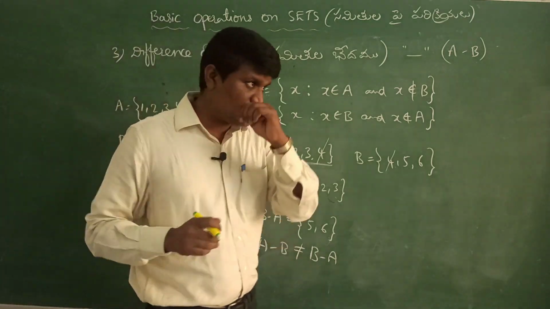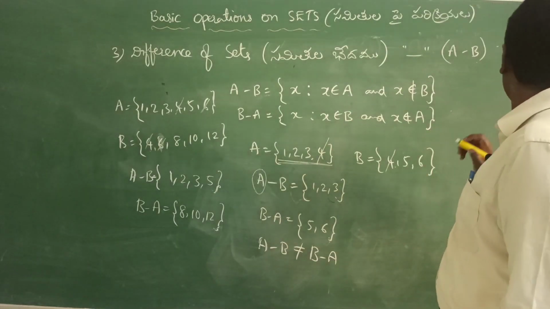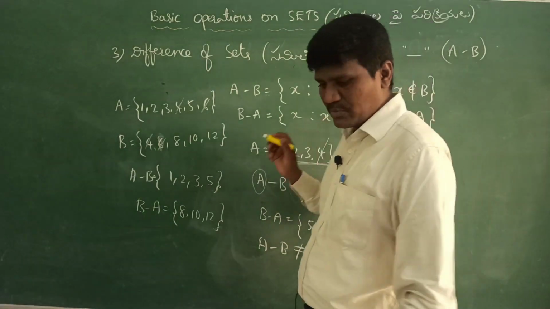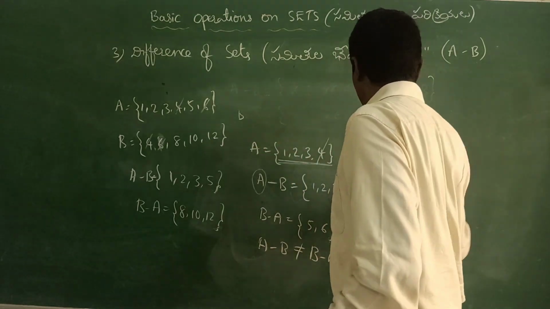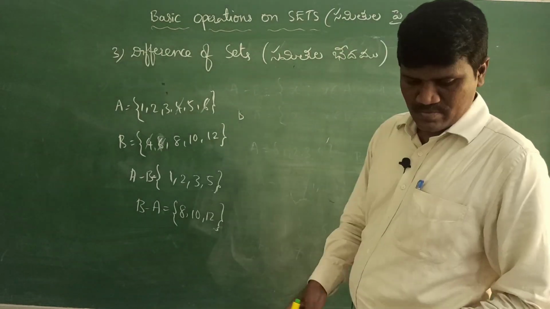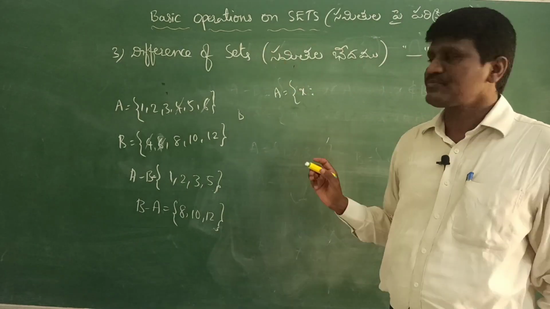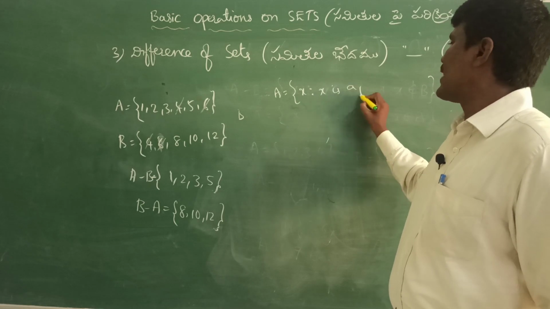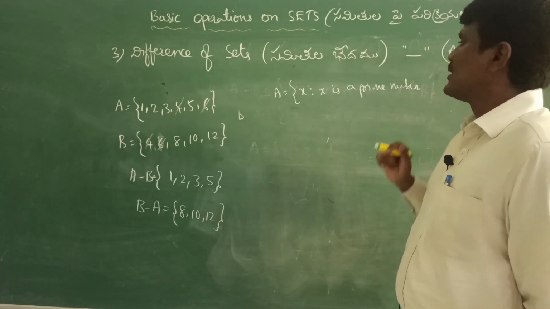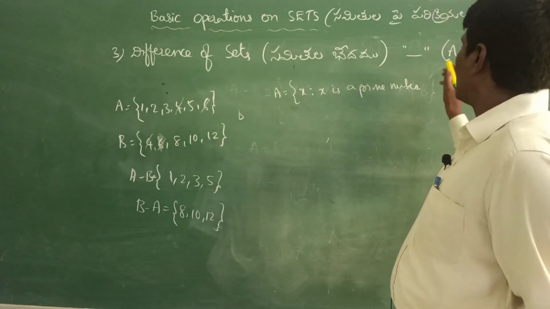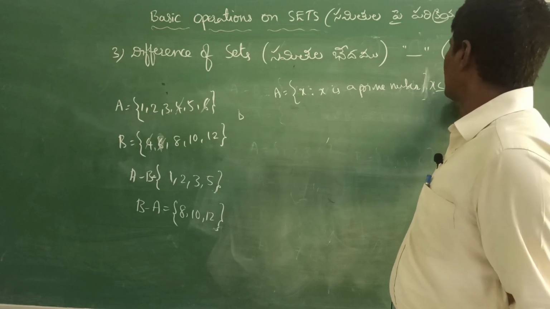Now let us take one example which does not have common elements. What if there is no common element? Right? So let us see the example. Suppose A is equal to x such that x is a prime number and x is less than or equal to 10.